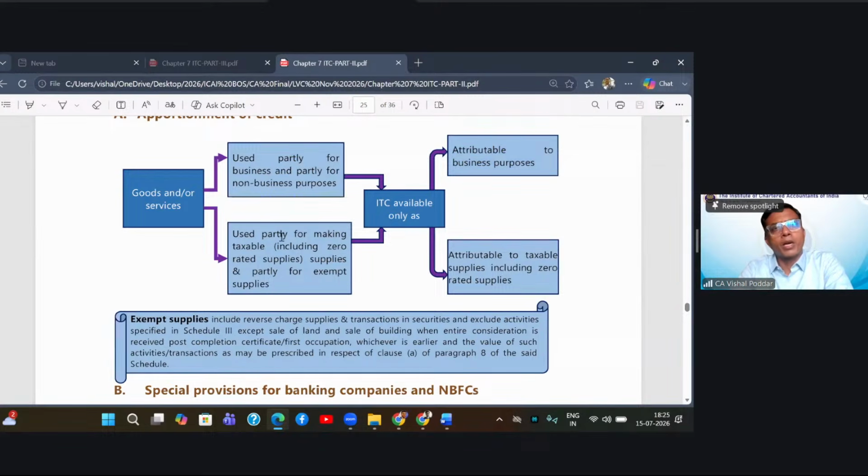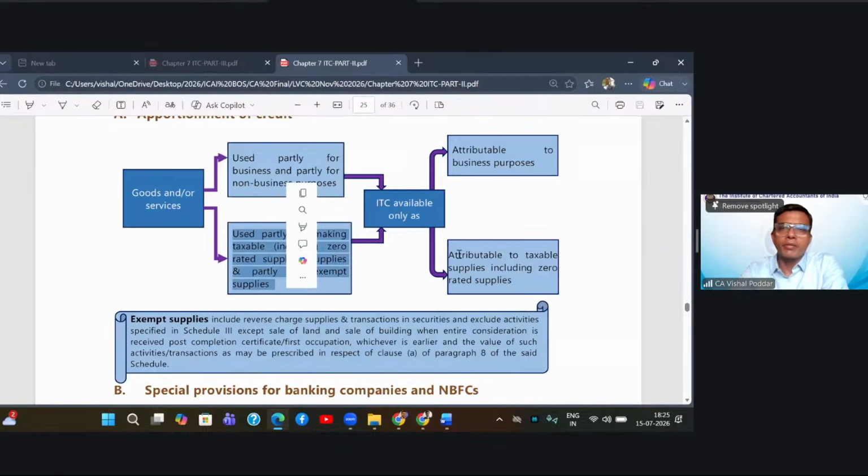Second scenario where part or proportionate credit will be allowed is, let us say your outward side has multiple supplies. So on your outward, you have different goods, different services which you are supplying. Some are taxable and some are exempt. Now, if your outward supply has exempt supplies, then again you have to proportionately avail the input tax credit because you have used it partly in making taxable supplies.